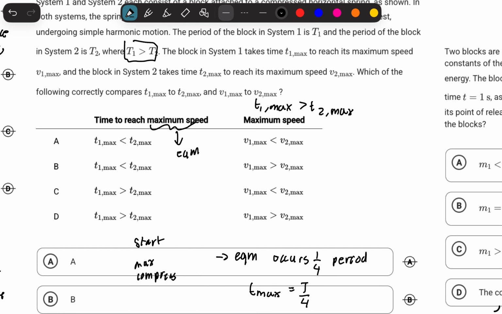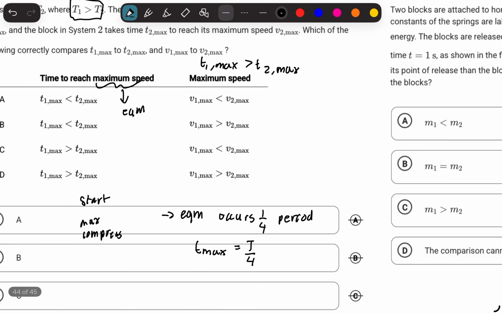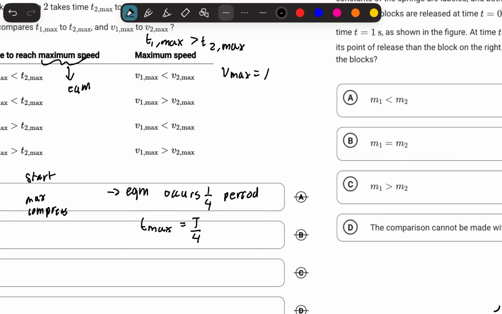Now, if we look at the maximum speed comparisons, the maximum speed formula is v max equals amplitude times omega, and omega is 2 pi over T. So v max is equal to 2 pi A over T. And since T1 is greater than T2, that means your v1 max has to be less than v2 max, because T is in the denominator.